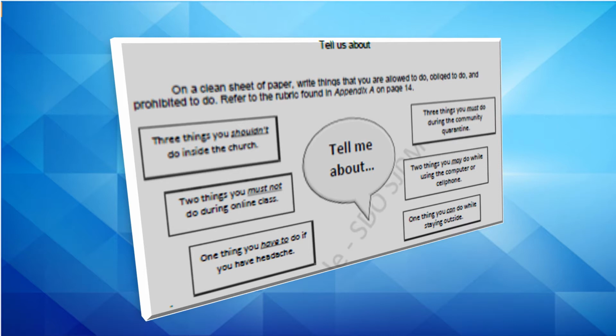What have you noticed with the words inside the box? What does it express? You're right. The slanted word is called modals. A modal is a type of auxiliary or helping verb that is used to express ability, possibility, permission, obligation, or prohibition.